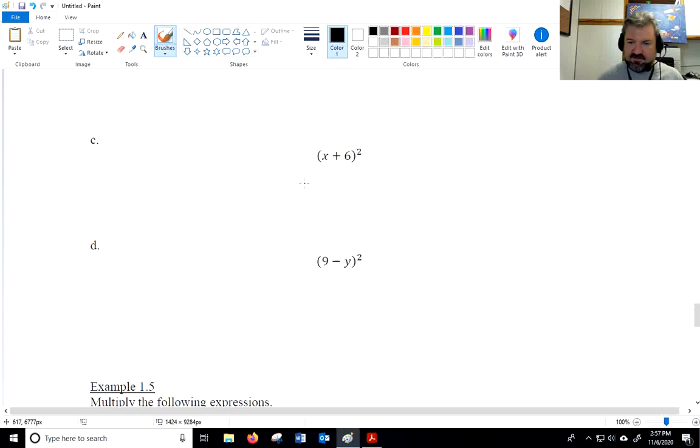All right, square this. Multiply the two together and double it, and then square this. All right, on this one here, we're going to square the first term, multiply the two together and double it, and square the last term.